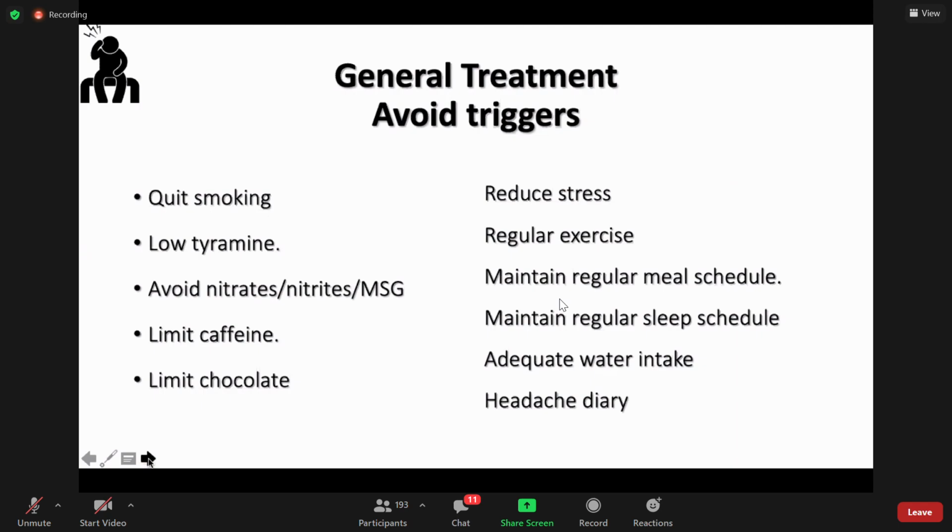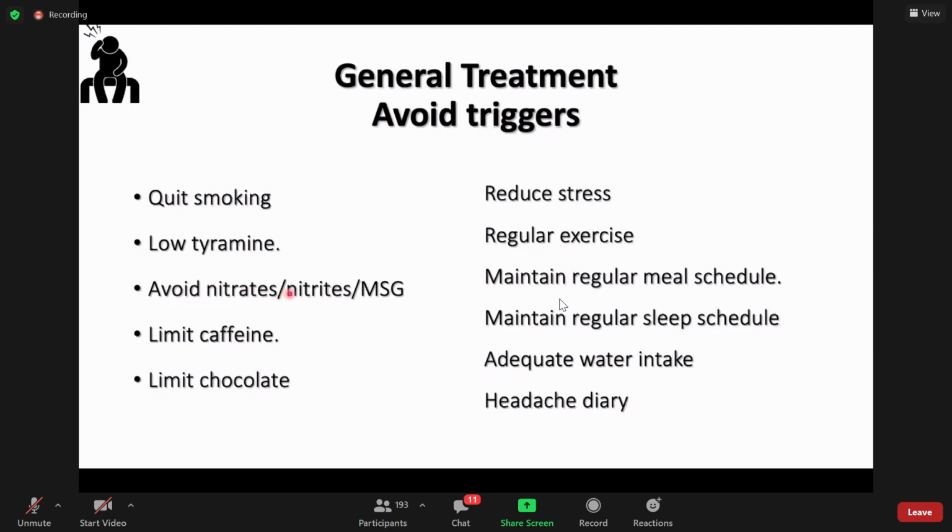How do we treat it? There are general treatments that we ask the patient to follow. Of course, we ask them to quit smoking. Low tyramine diet: tyramine is a monoamine that is found in sharp cheese like cheddar cheese and so on. Avoid nitrate, nitrite, and monosodium glutamate. All of these are additives to meat, such as canned meat.